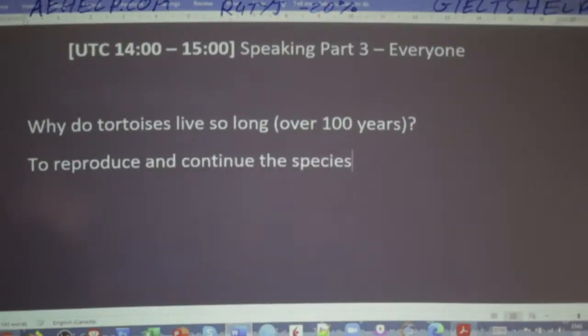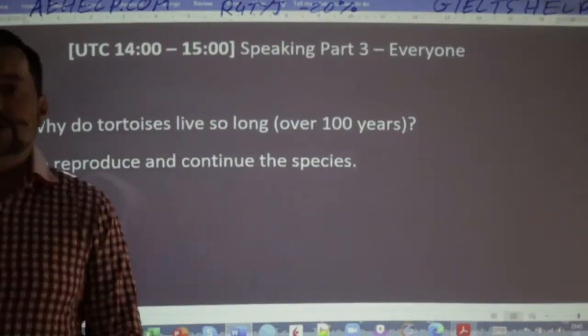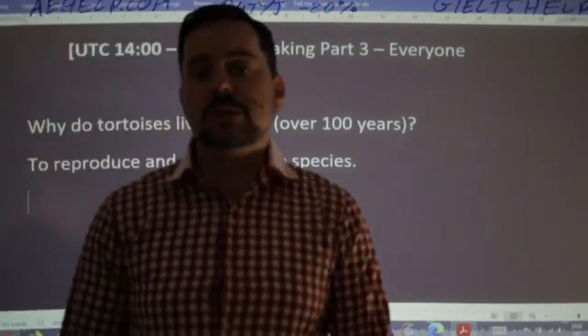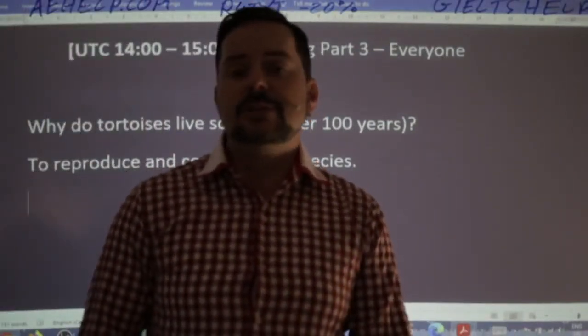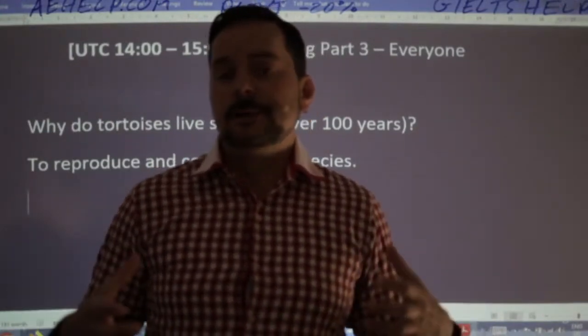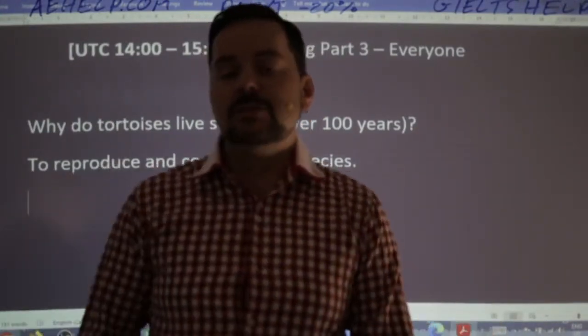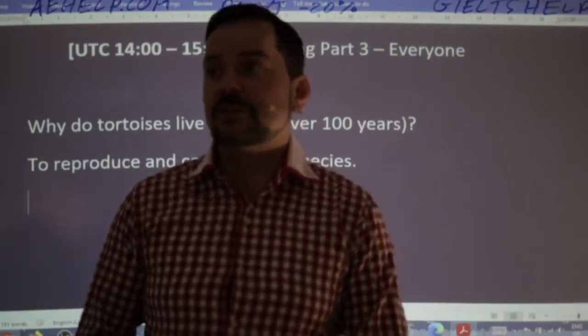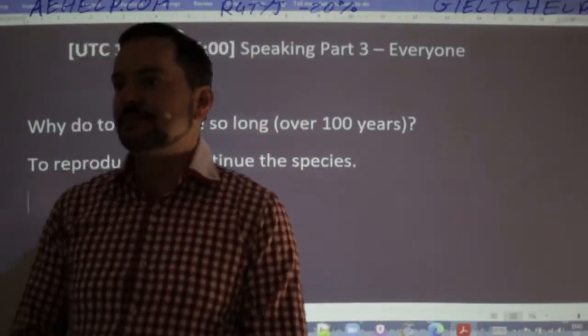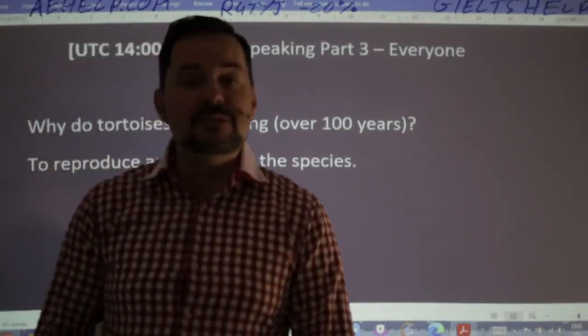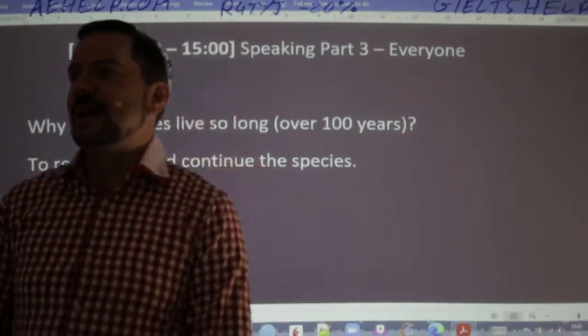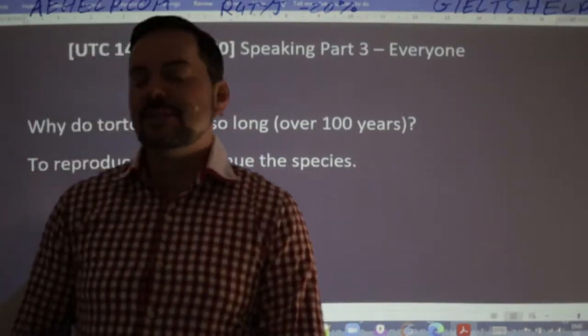Yeah, absolutely. Different organisms have different strategies to do that, and certainly there could be a link between the longevity of tortoises and the ability to maintain their species. Nick Hill says it's not 100 years, it's probably closer to 150 years. Yeah, and perhaps even longer than that.